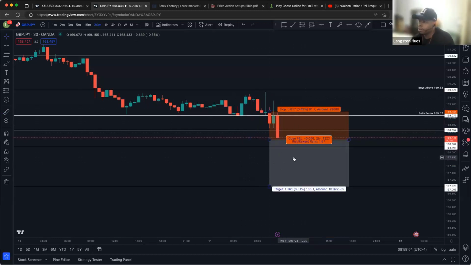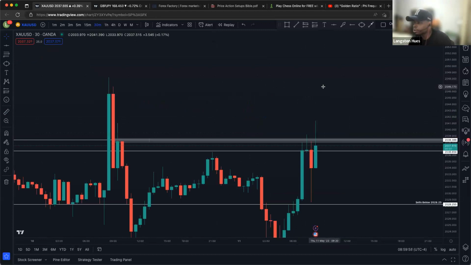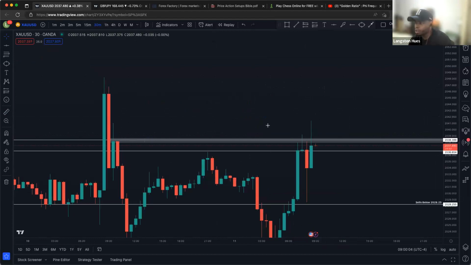But I just don't like how big the stop loss is. Because gold, everything on gold is rejecting these levels right here. This is rejecting, this is rejecting, this is rejecting. And I want a closure above here.